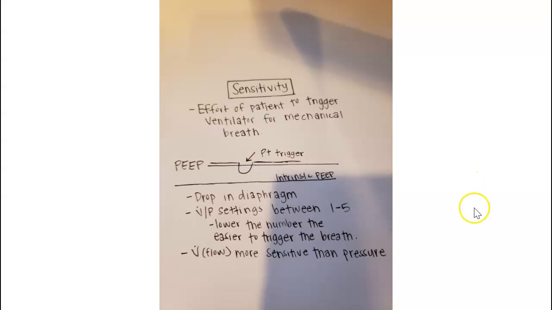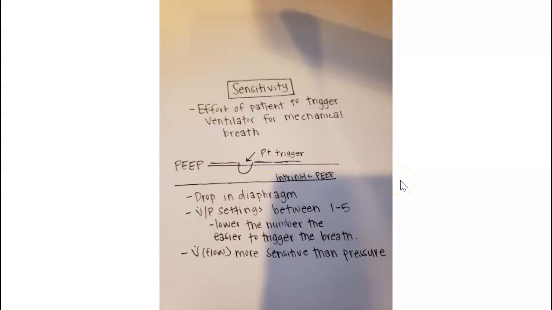So the higher the number, the less sensitive, and that's because it's less flow or pressure that the patient needs to trigger. That football player would need like 4 of flow to drop their diaphragm to trigger, where the grandma would need like 1 of flow.